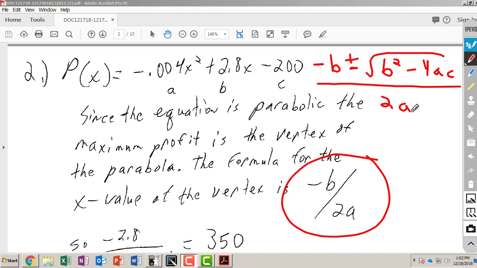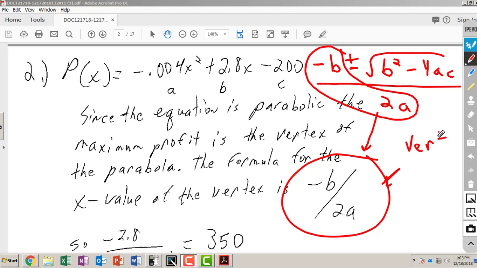But when I just use this part, negative b over 2a, it finds my maximum or minimum values. The vertex is where the maximum or minimum of a parabola is located.